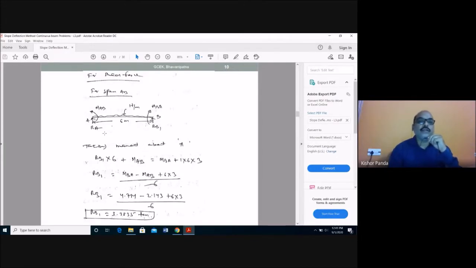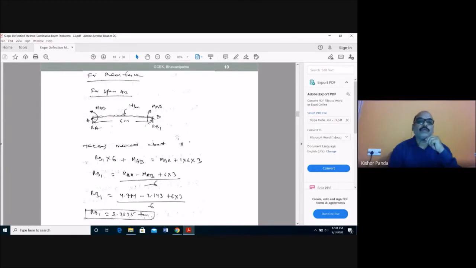Then how will you find the reaction at A? Because you know the summation of vertical force is equal to 0. What is the upward force acting? RA and RB1. And the downward force acting is 1 ton by meter throughout the span of length 6 meter. So RA plus RB1 is equal to 1 into 6.